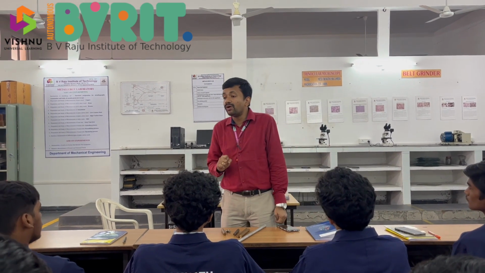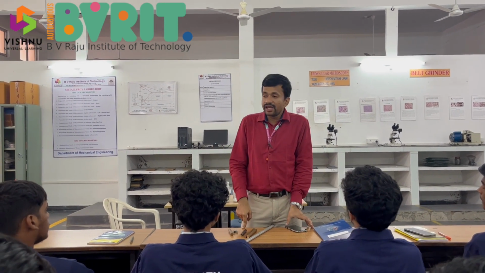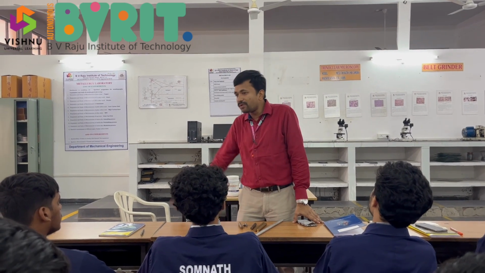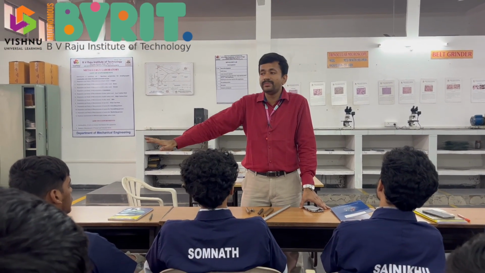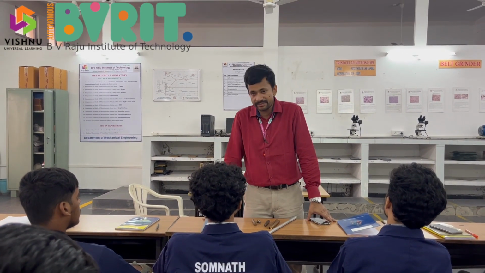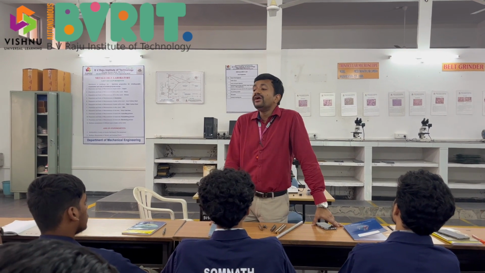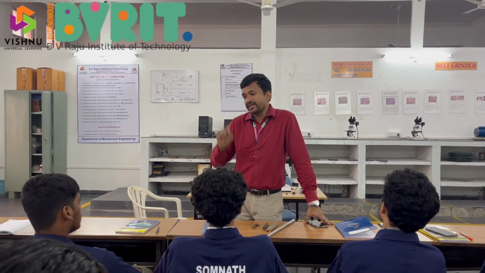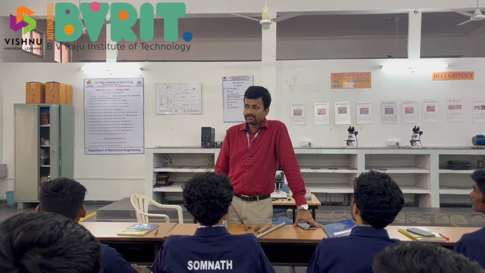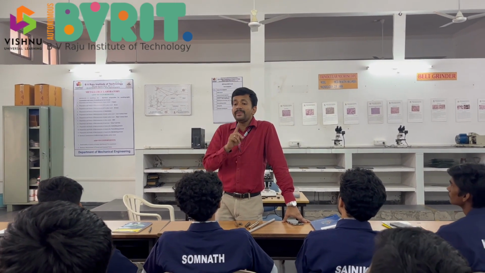Now the interesting thing is, if you want to observe these grains and grain boundaries under the microscope, they will not be clear. You cannot observe them under the microscope directly, and that is where we need to do two things. One is to make it mirror finish. How do we make it mirror finish?